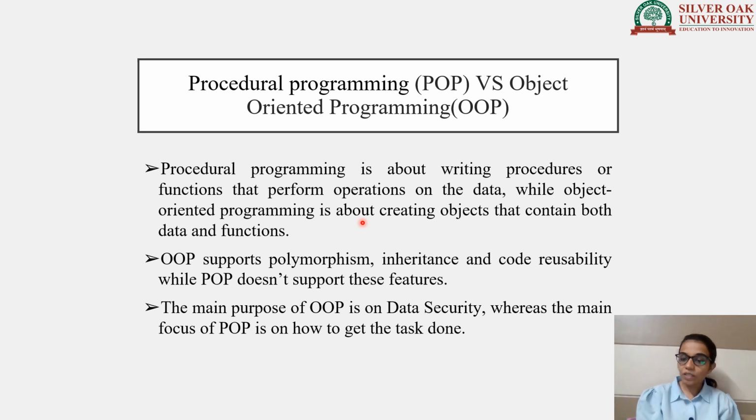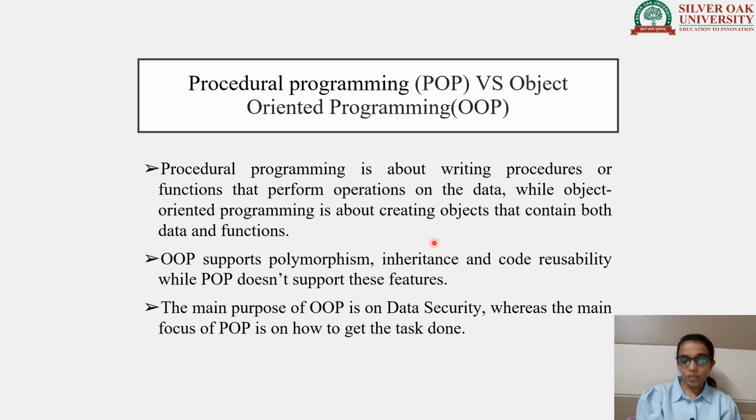In this we don't do the functions first. What we do first is divide our problem into classes and objects, deciding which objects will cover that problem. Each object will have both the properties and the functions.